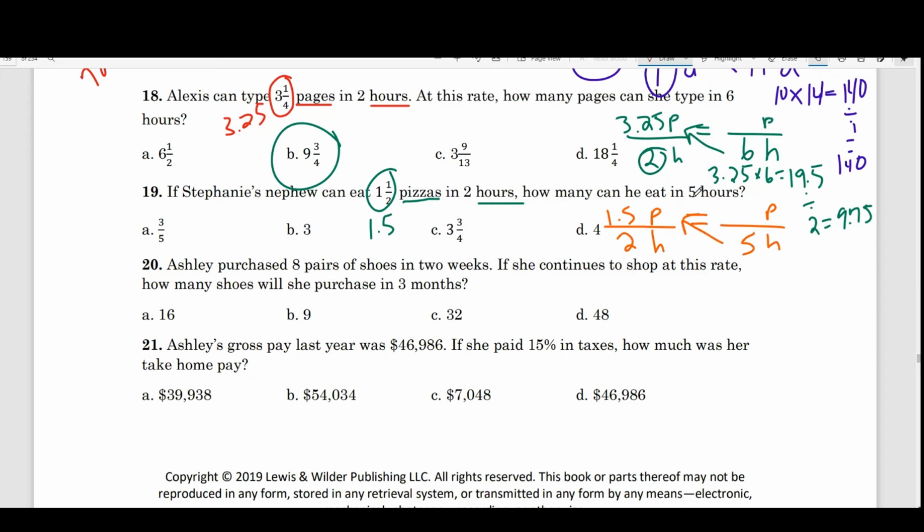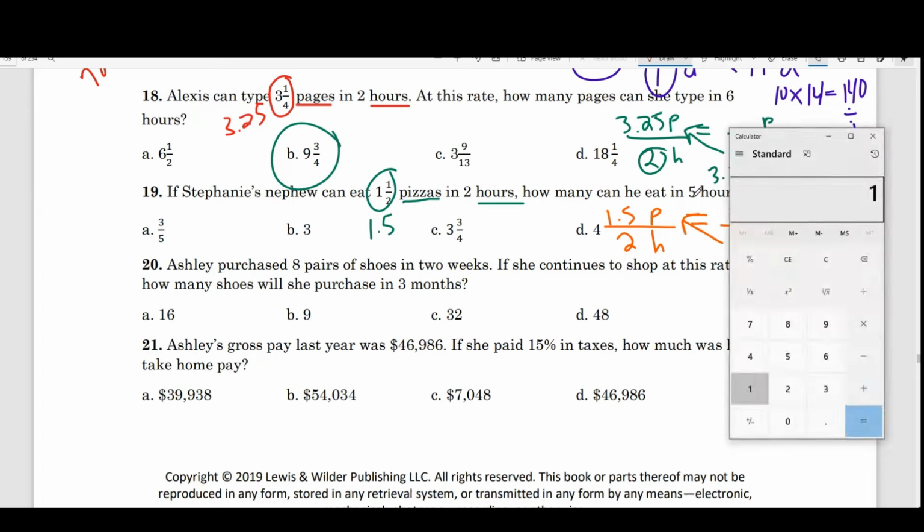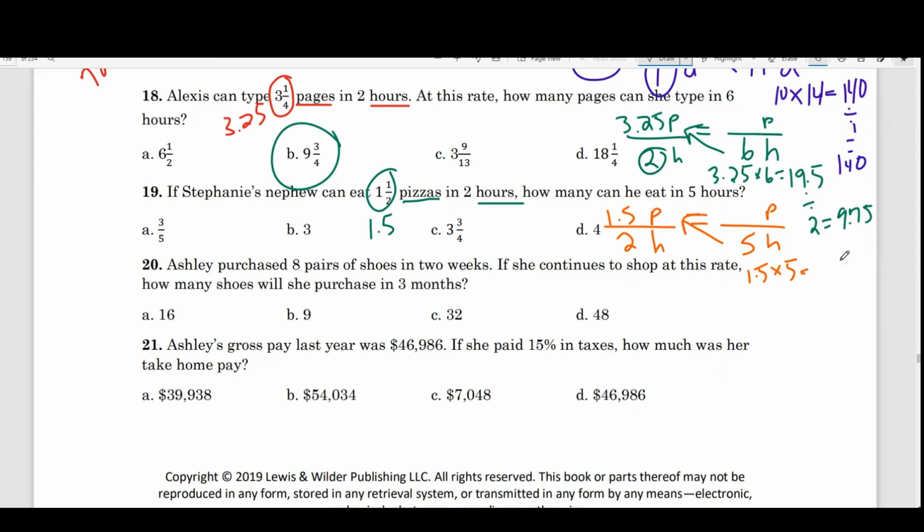Cross multiply where we have 2 values. So 1.5 times 5, which is something, 7.5. Then we divide by the value that's left over, which gives us 3.75, which is C.